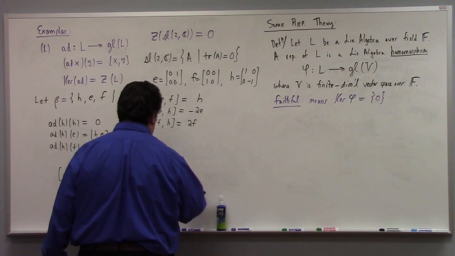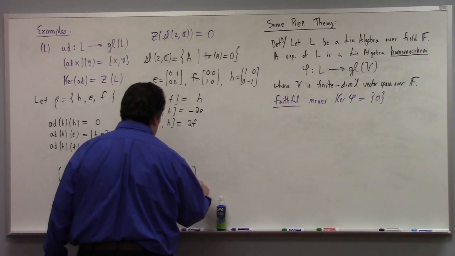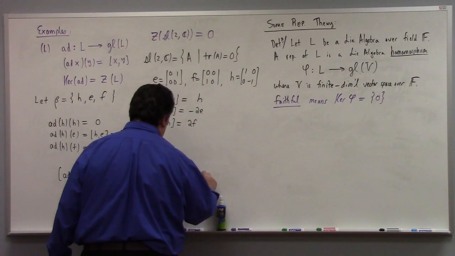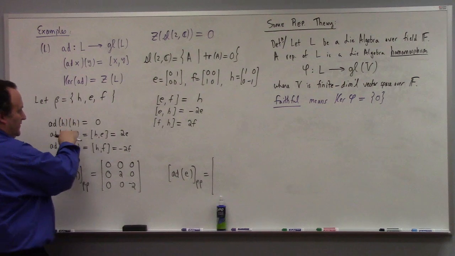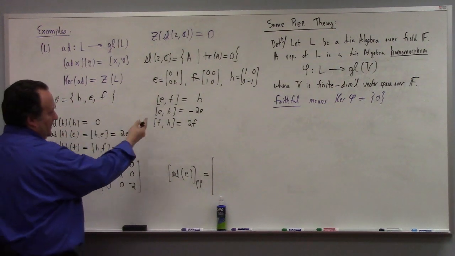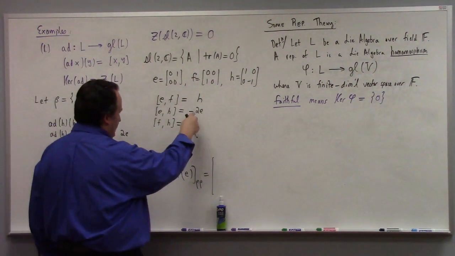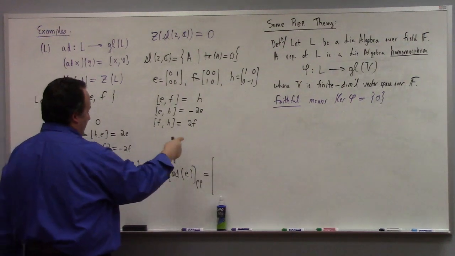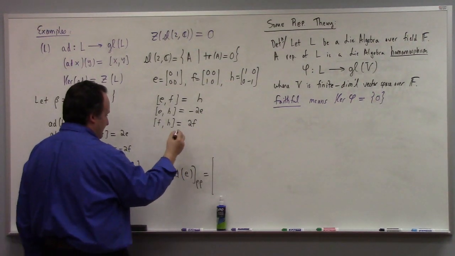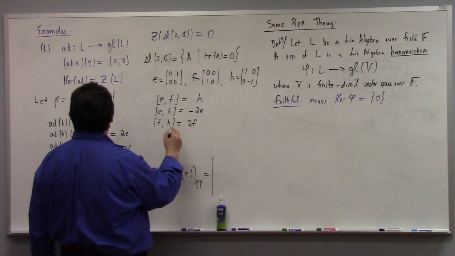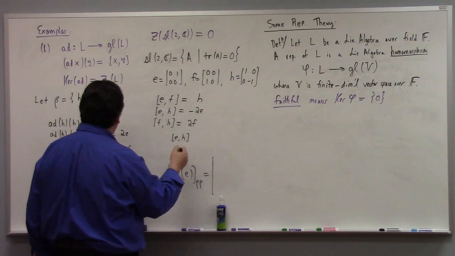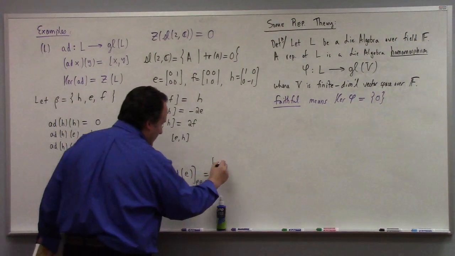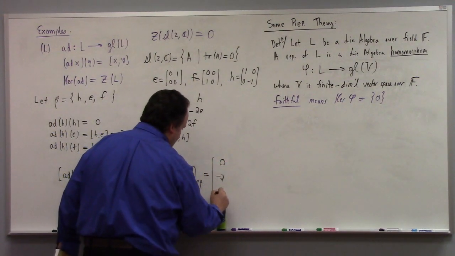Now if I do the adjoint of E, what does that one look like? We do the same thing. Again I got to do H first. So H with E gives me 0, so the first column I'm getting from E with H, minus 2E, which is 0, minus 2, 0, I believe.